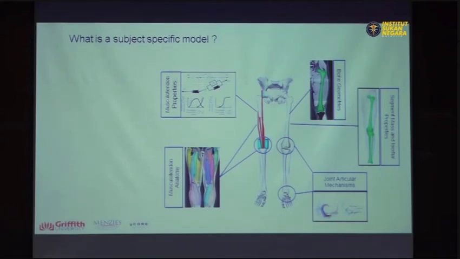But if you want the knee to be in full effect in all degrees of freedom, so 3 degrees of translation and 3 degrees of rotation, then we do that in a separate process that we call joint articular mechanisms, where we add, let's say, ligaments that are involved.